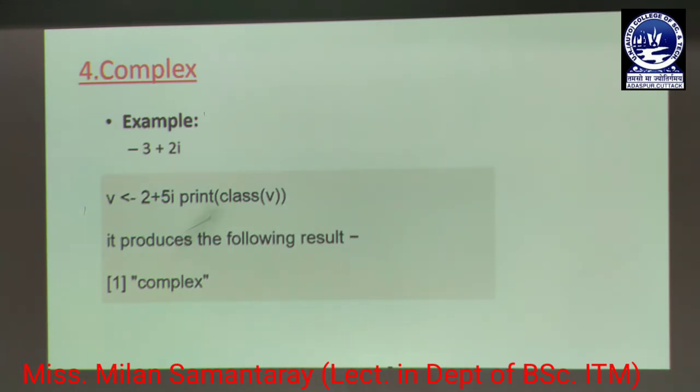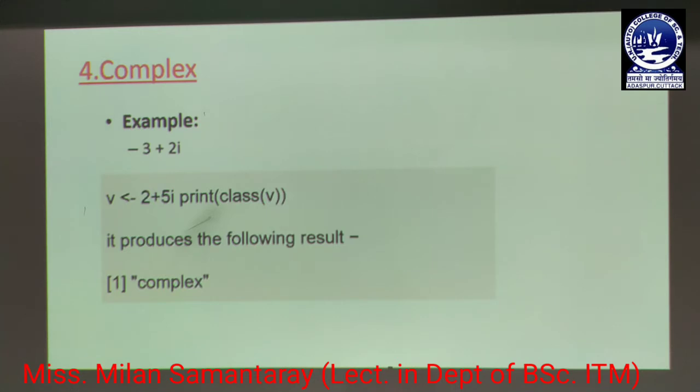Okay. So in R programming, when we are entering a value into the variable and printing the class of v, it tells which type of class that variable holds. That means it gives the output of which type of value is assigned to that variable.